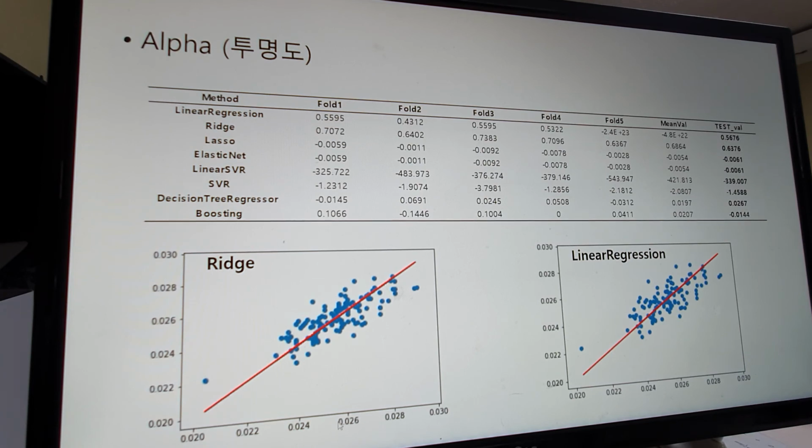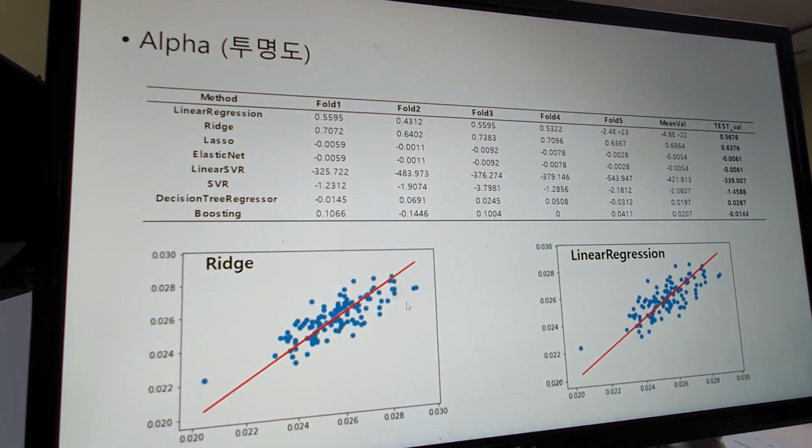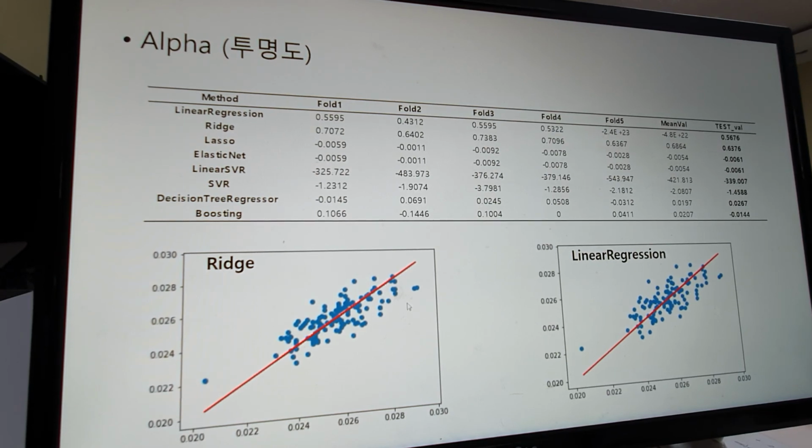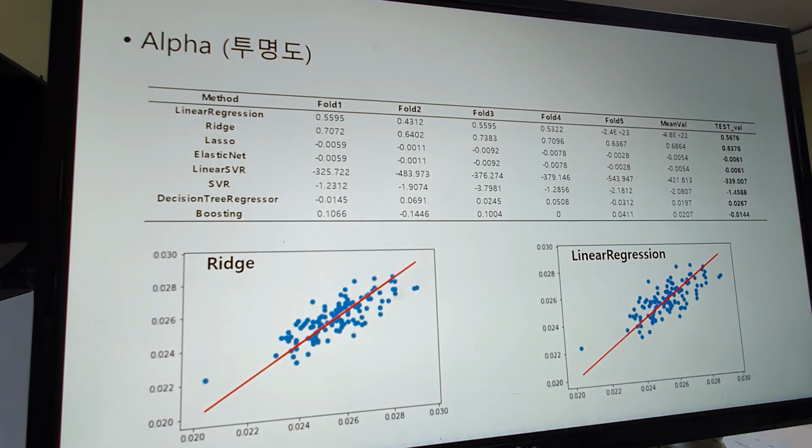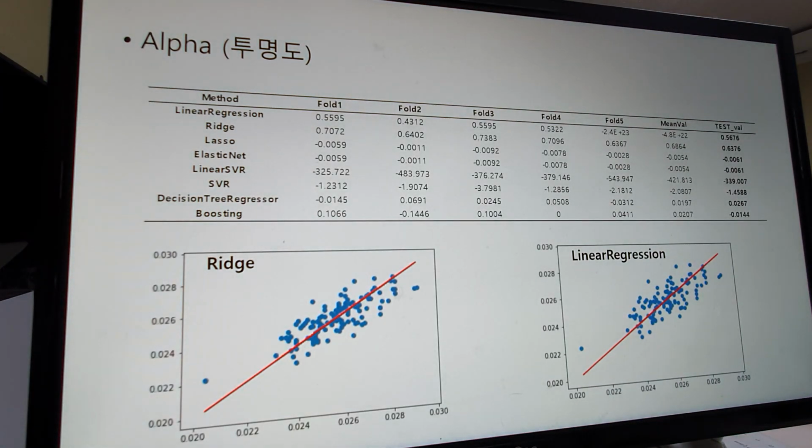This is the phenotype, and this is the prediction. So we could see that with the genotype, we could predict quite accurately. Okay, this is what I prepared for this presentation.